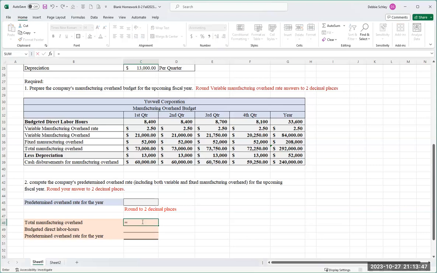So I'm going to type equals. This is why I love using Excel, because I can just reference that cell and I know exactly where I got it from. Budgeted direct labor hours. And again, this is for the year.